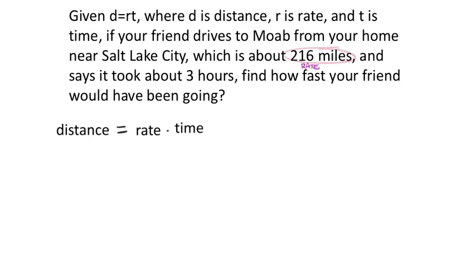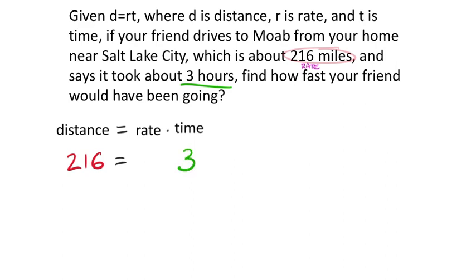Well, miles is a distance, so you would know to put it in this formula as a distance. The other value that they gave us is time, 3 hours. It does take some knowledge knowing hours is time and miles is distance, but the time is definitely going to be 3 hours.